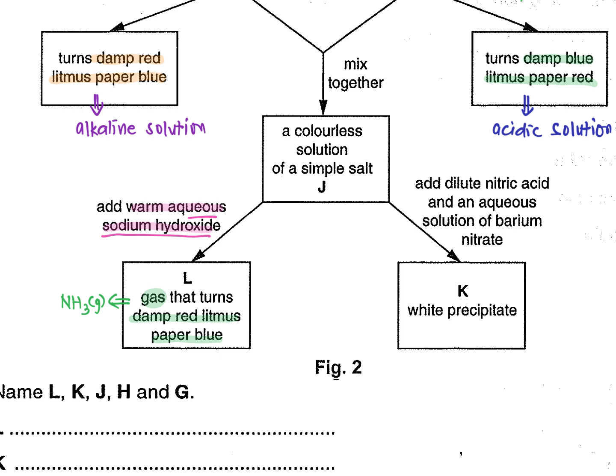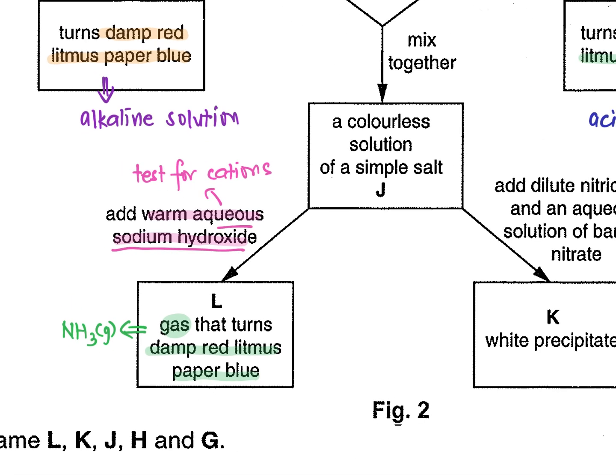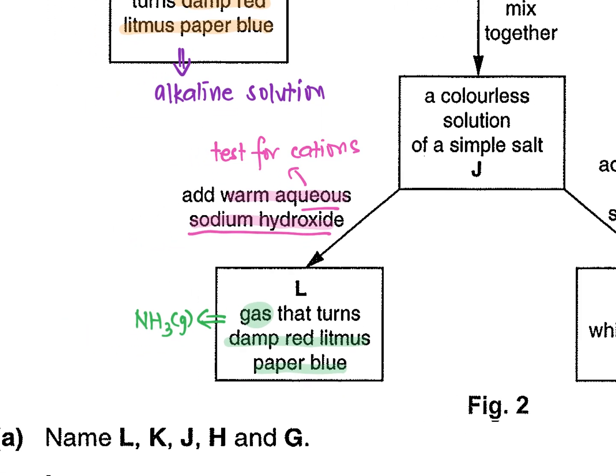Ammonium ion. Okay, so this tells you that this is your test for cation, which is your positive ions. Then you need to take note, if you have ammonia gas produced when you added your warm aqueous sodium hydroxide, it tells you that you have your ammonium ion present.